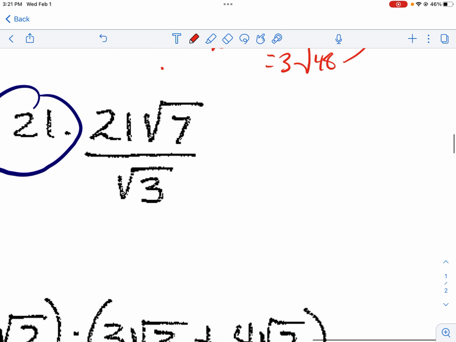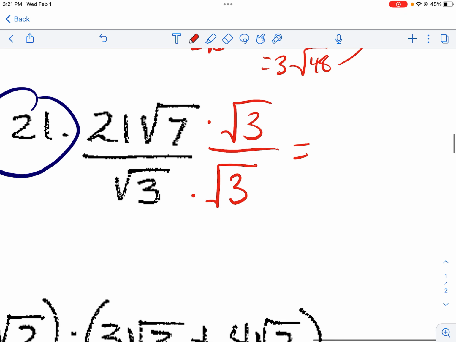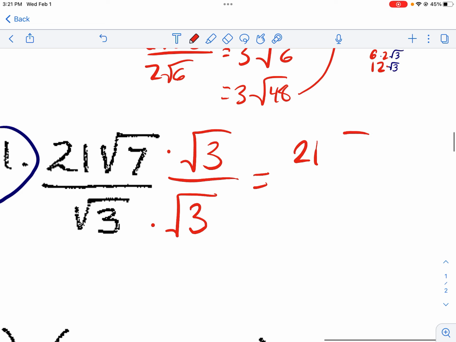Number 21. So I could think about writing this as 21 times the square root of 7 over 3, but that's not as nice of a number, right? So instead, rationalize the denominator, meaning multiply by the bottom on the top and the bottom. So I get 21 square root of 21 over 3.